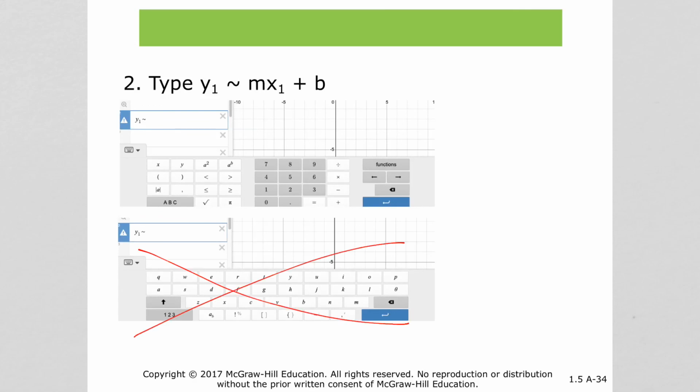So you're going to go down below the table and type y sub 1 and then this little squiggly thing, m times x sub 1 plus b. And that's going to find the regression line for you.